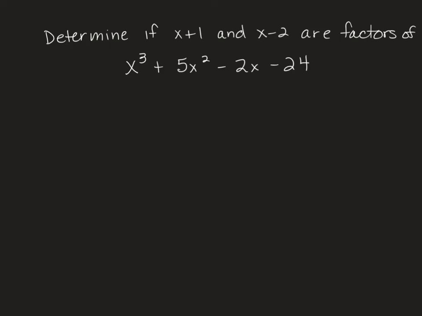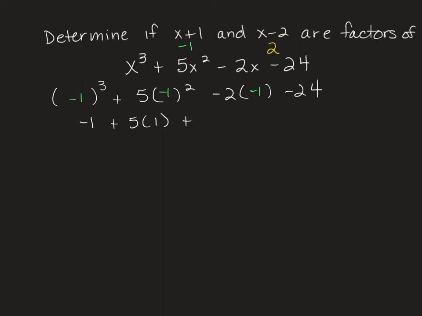All right, so again, if I plug this one in, it's negative 1. If I do this one, it is 2. I have x cubed plus 5x squared minus 2 times x minus 24. Plug negative 1 in for everyone. It's going to give me negative 1 plus 5 times 1 plus 2 minus 24.